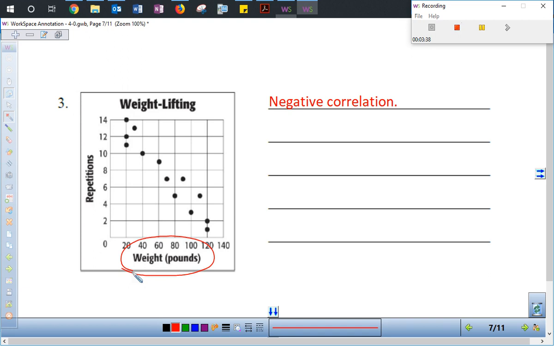Now to describe it again, I want to start with the x-axis. So we're going to start by saying as the weight in pounds increases, so we always start with as the x-axis increases. Then I want to combine these 2. The number of repetitions while weightlifting, now take note, since this is negative, is going to decrease.